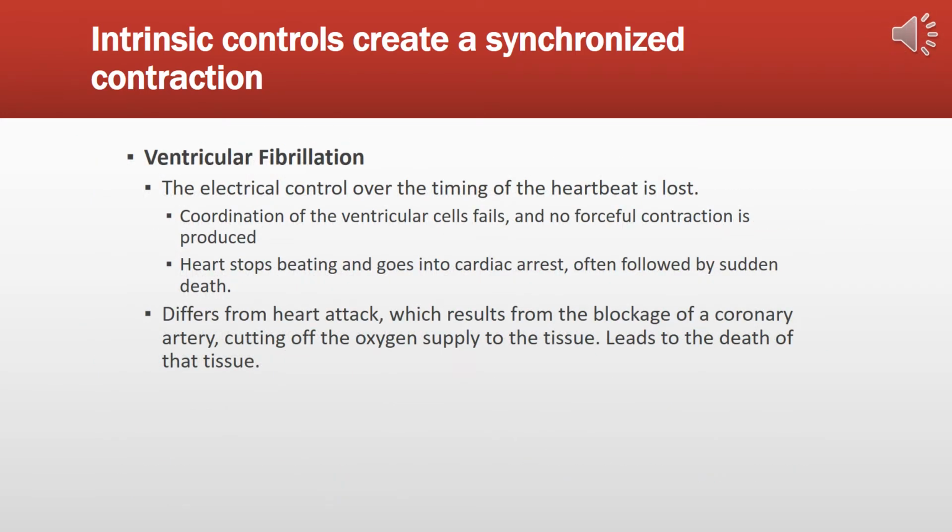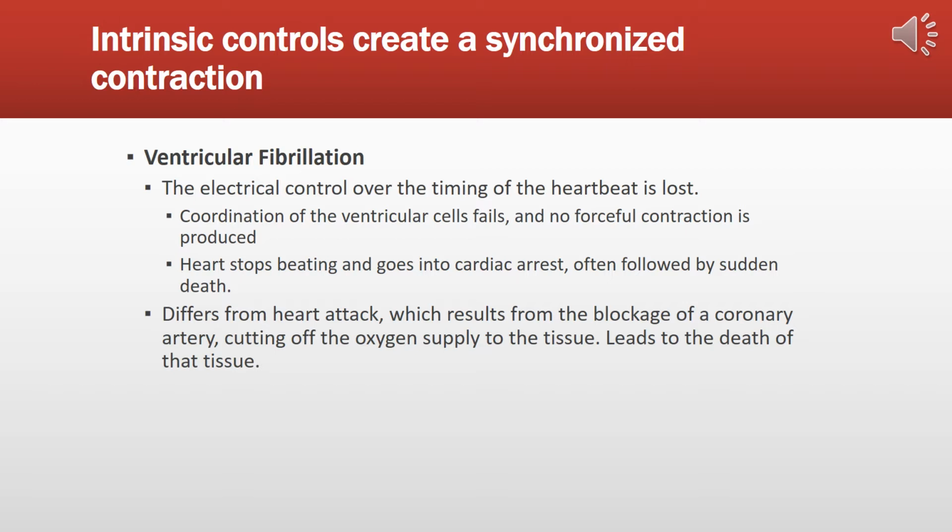When intrinsic control of the heartbeat no longer functions properly, the heart muscle cells lose their ability to contract in a synchronized fashion. One example of this is a condition called ventricular fibrillation, in which the electrical control over the timing or rhythm of the heartbeat is lost.